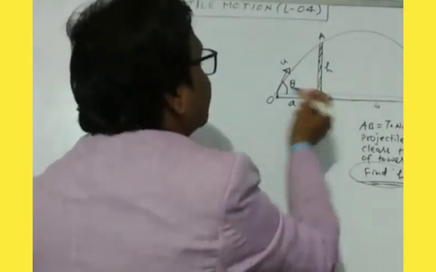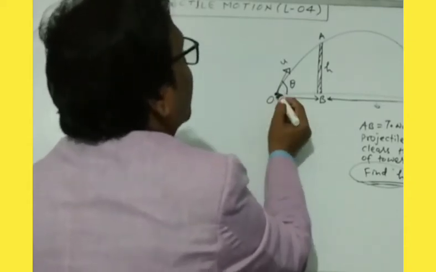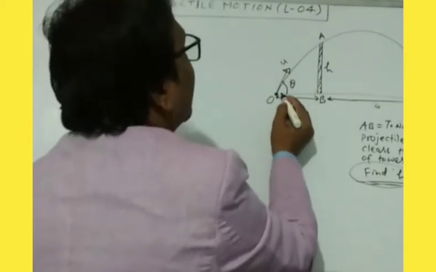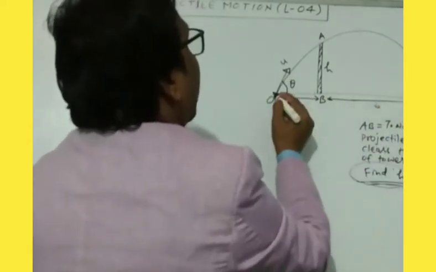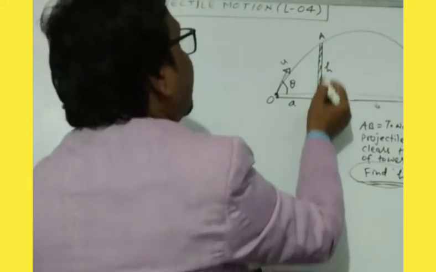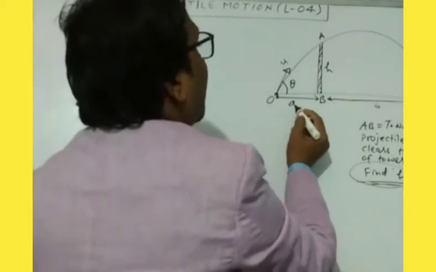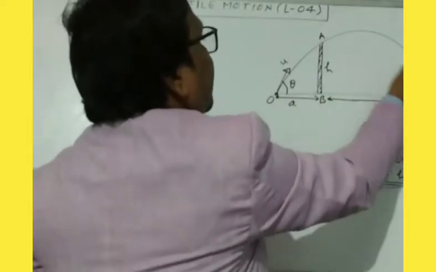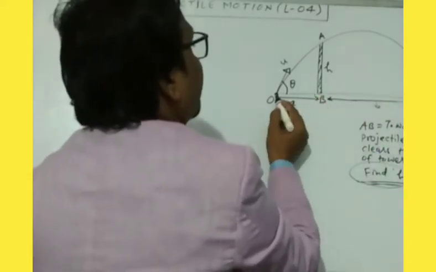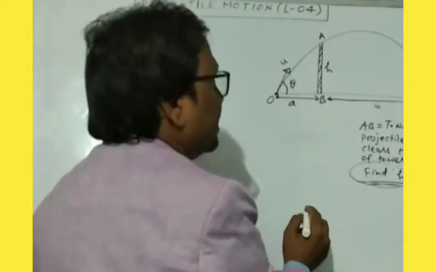In this numerical, AB is a tower and a projectile is projected from point O with velocity of projection u making angle theta with the horizontal, and this projectile just clears the top of this tower AB and strikes the ground at point C such that the distance OB is a and distance BC is b.